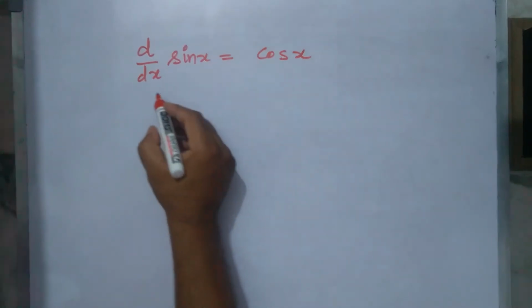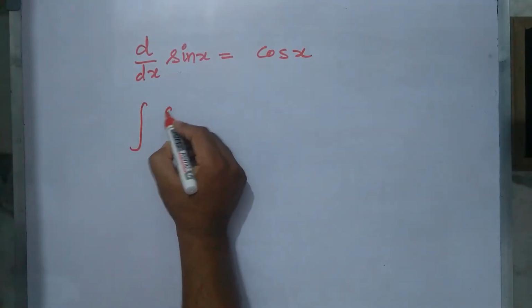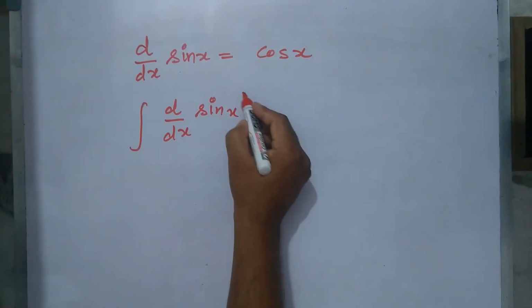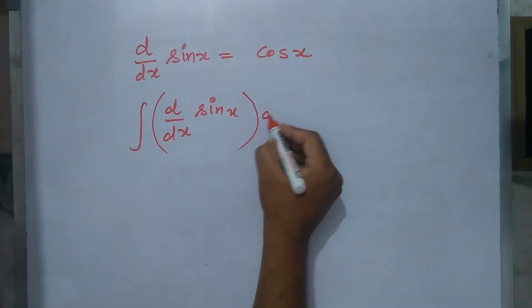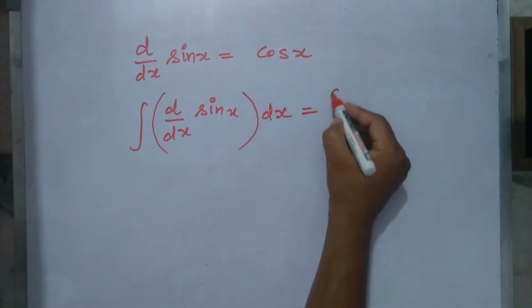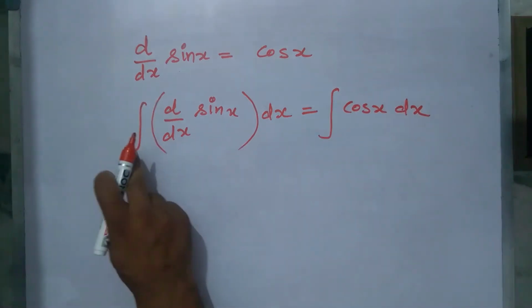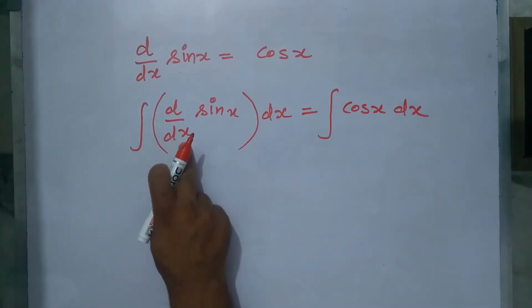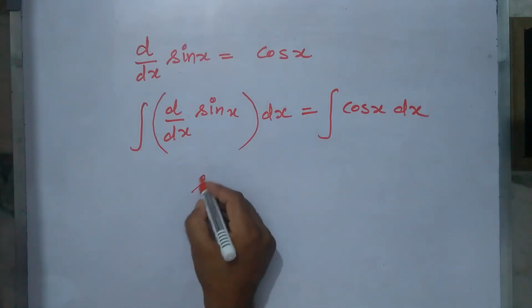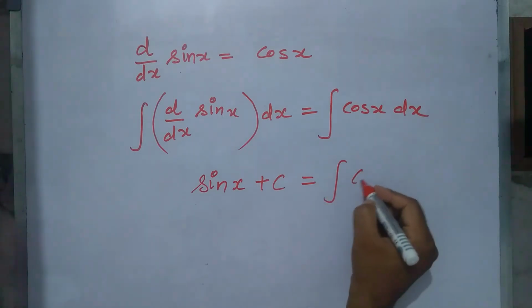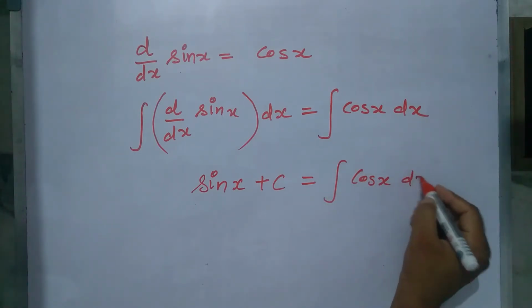So now taking integration to both sides, derivative of sine x, its integration, so dx will be there, is equal to cos x dx, because integration and derivative are antiderivative process. So we have sin x plus c is equal to integration of cos x dx.